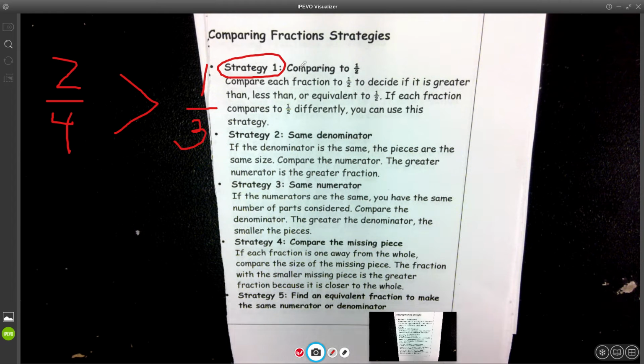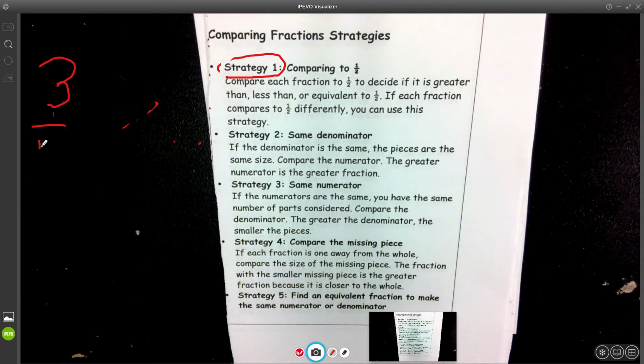But sometimes you can't use this strategy, y'all, because they're too close. Now let me show you, or they're both greater than a half. So say that you're given a fraction 3/4. I know 3/4 is greater than a half.